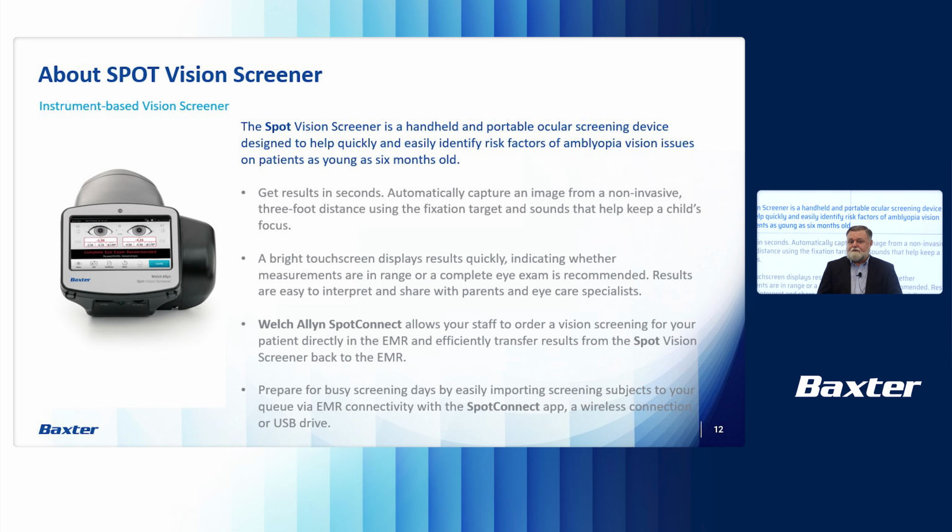You can also prepare for busy screening days by importing patient lists into the device through the Spot Connect app, a wireless connection, or even a USB drive. This combination of speed, accuracy, and seamless integration helps make the Spot Vision Screener a practical fit for any pediatric care setting.